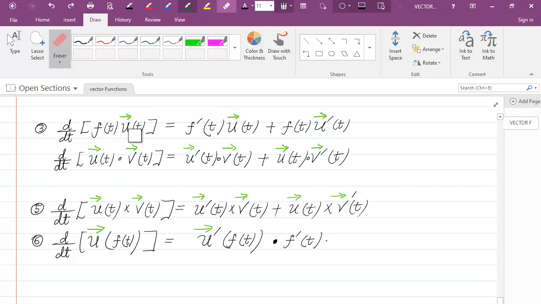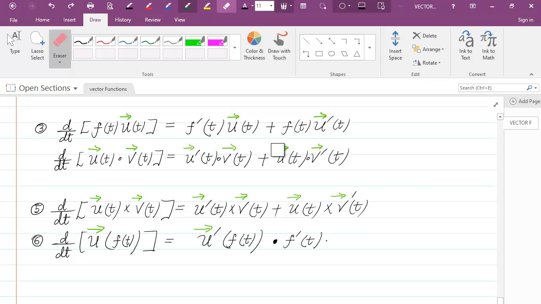The derivative here would be exactly like the product rule that we have seen before. It's the derivative of f multiplied by u of t plus f of t times the derivative of u. Again, the derivative of the scalar function is as usual, as we have seen in previous calculus courses, and then the derivative of u is the derivative of a vector function.